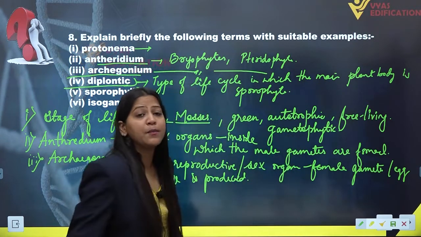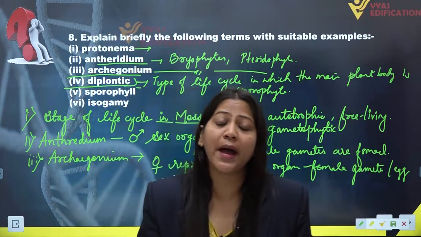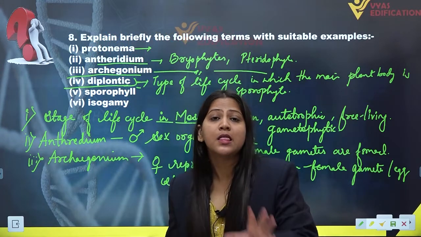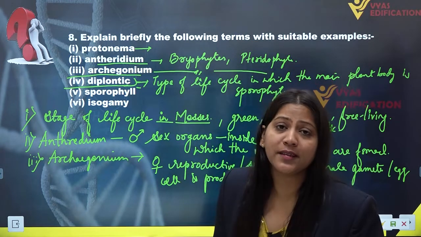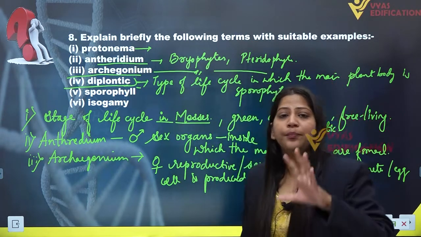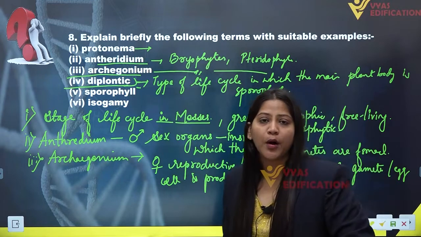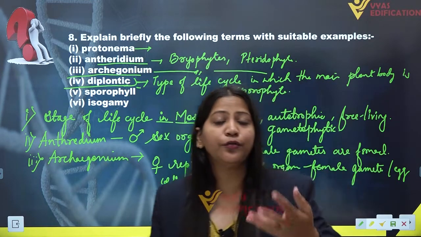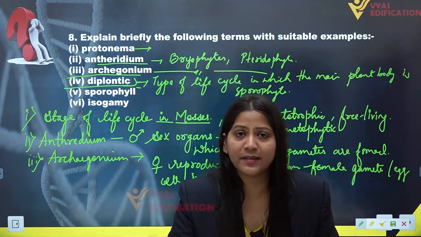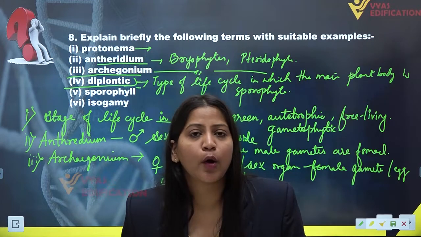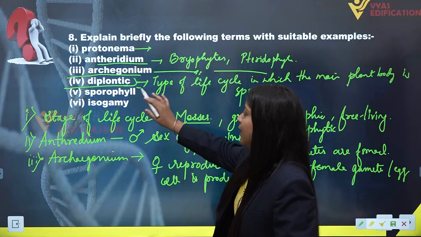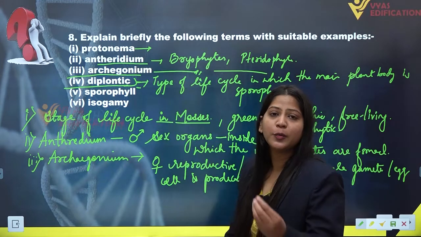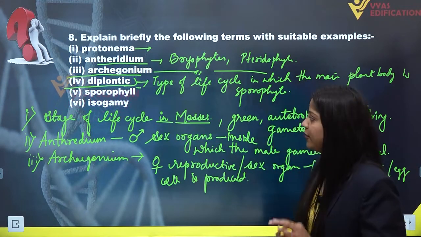In the diplontic type of life cycle, which is exhibited by angiosperms and gymnosperms, the main plant body is diploid in nature, and these diploid plant bodies are going to form haploid gametes by the process of meiosis. All right, and this diplontic life cycle is exhibited by angiosperms and gymnosperms, which are the examples of this.